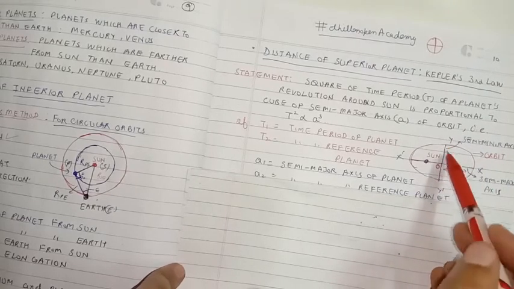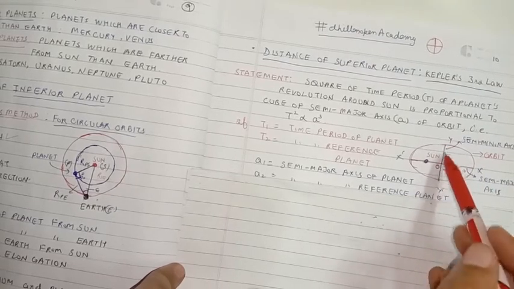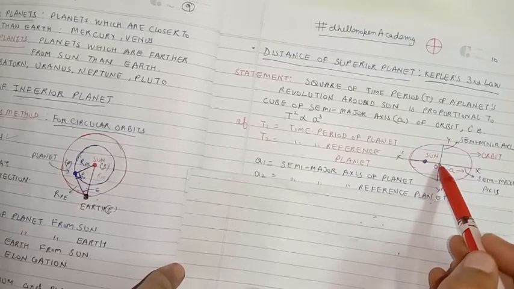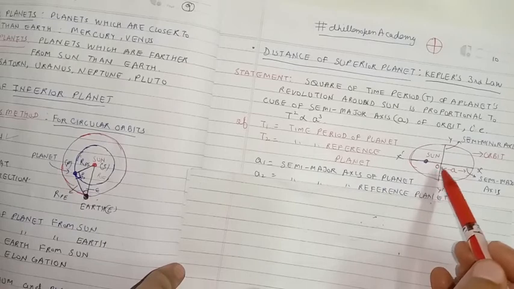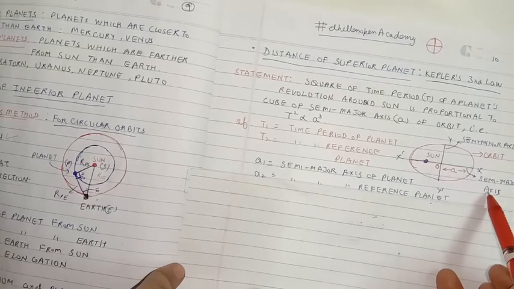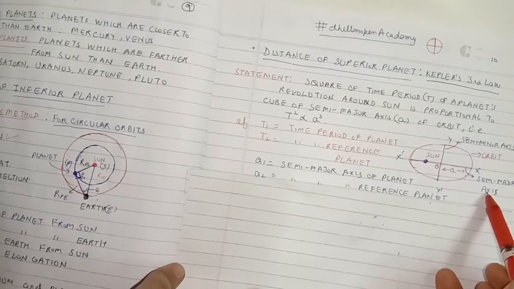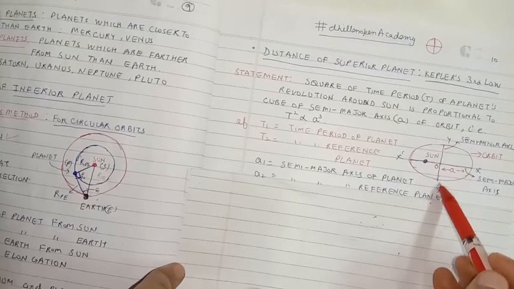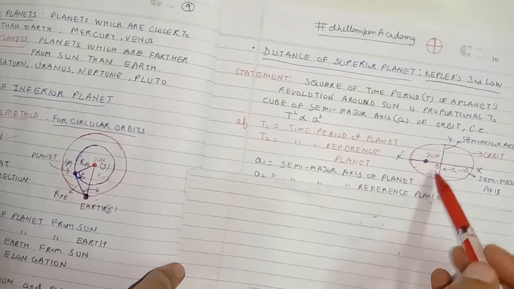One gets smaller in size, known as the minor axis, and both intersect each other at the point O. If we measure the distance from O to X or O to X', we call it the semi-major axis. If we measure the distance from O to Y or O to Y', we call it the semi-minor axis.